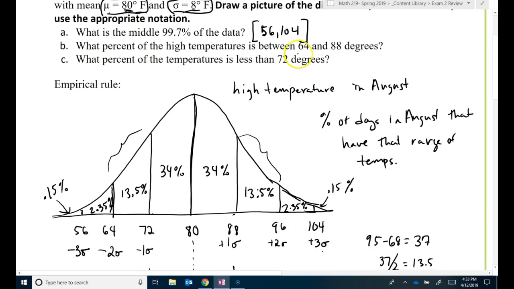What about the high temperatures between 64 and 88? Well, here's 64 right here. And here's 88 right here. So I'm going to take 13.5 plus 34 plus 34, and that's going to give me 81.5%. I hope you guys can see that.